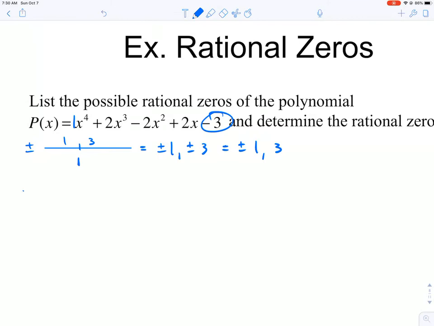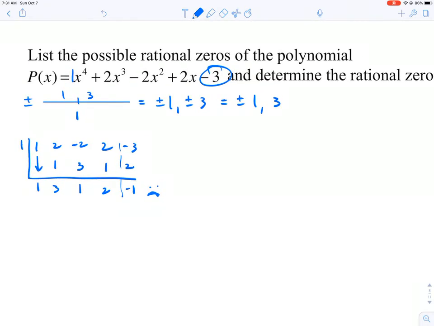So like if we start with +1, bring 1 down. Oh, okay, so 1, it's a sad face. 1 is not a 0. So maybe let's try -1.